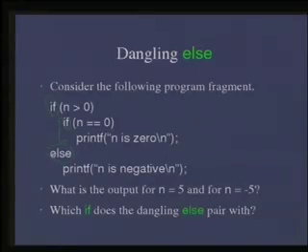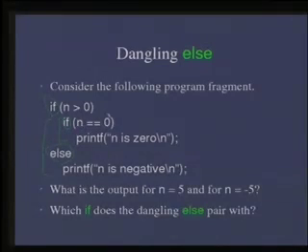But suppose on the other hand this else happened to be associated with the outer if, then for the same value of n, the result will be different. So again the condition n greater than 0 will be evaluated, which evaluates to true. And now since that is the case, this entire if else statement, which is within the if part, will be executed.